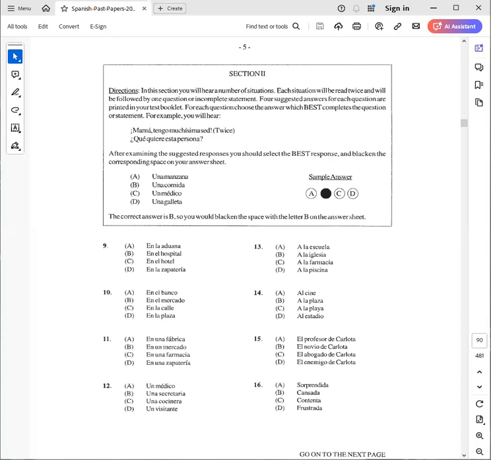Según el periódico, va a ser fenomenal. ¿Por qué no vamos al partido de fútbol esta tarde? Según el periódico, va a ser fenomenal. ¿A dónde van estas personas? Number 15. Pablo besó a Carlota y le puso un anillo en el dedo.